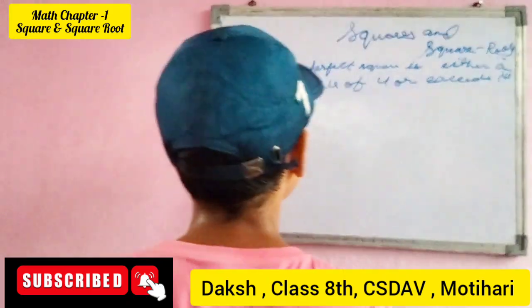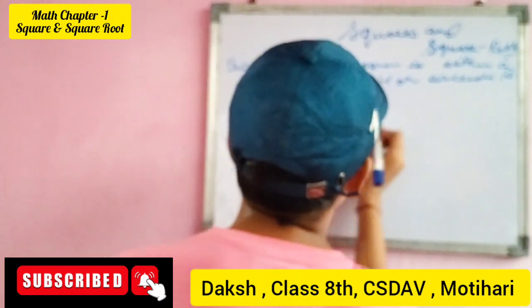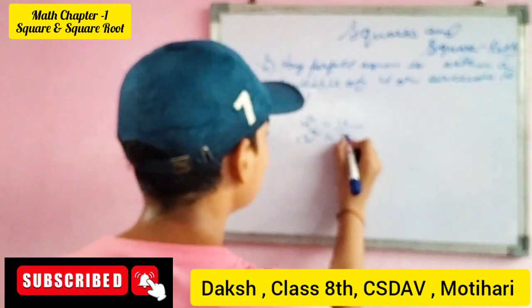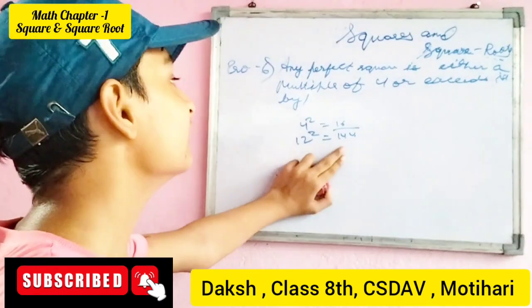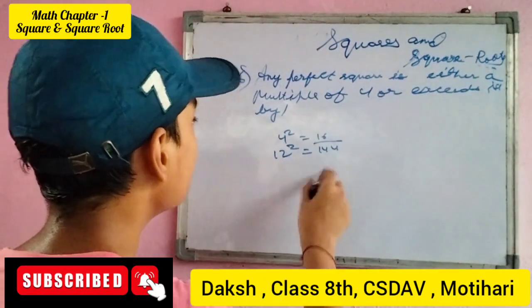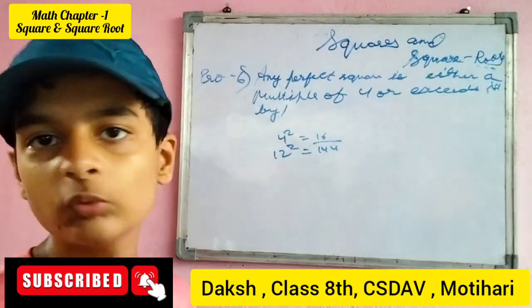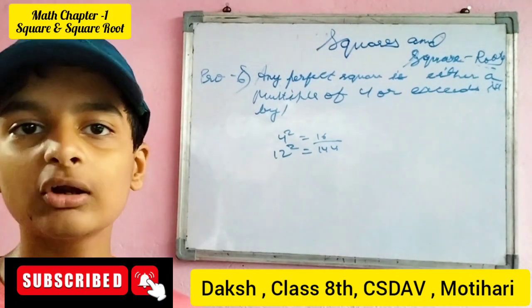So we can take any example, like take for instance 4 square equals 16. This is a multiple of 4. And here comes 12 square equals 144. This is also a multiple of 4. We can take all those perfect squares. They are either a multiple of 4 or they exceed the multiple of 4 by 1.